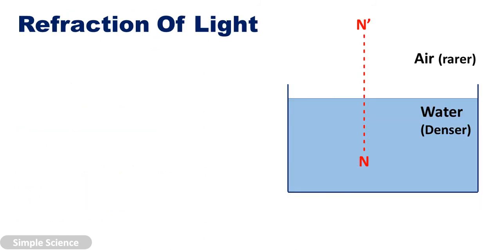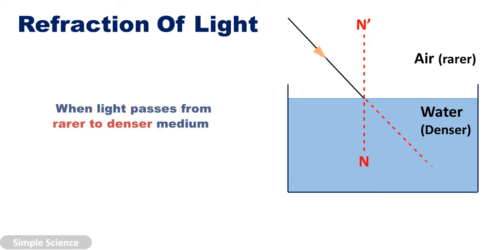Now, refraction of light when it travels from air to water. Air is the optically rarer medium and water is the optically denser medium. So what happens when a ray of light enters from a rarer medium to a denser medium?